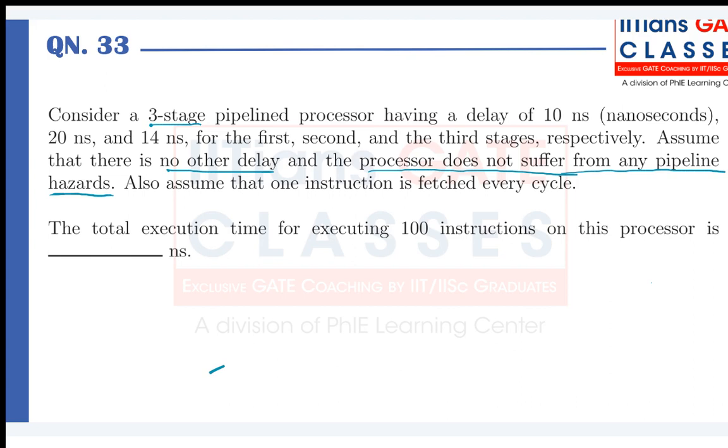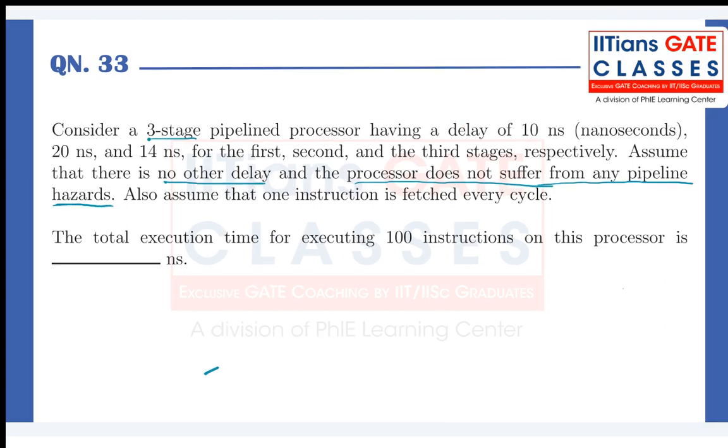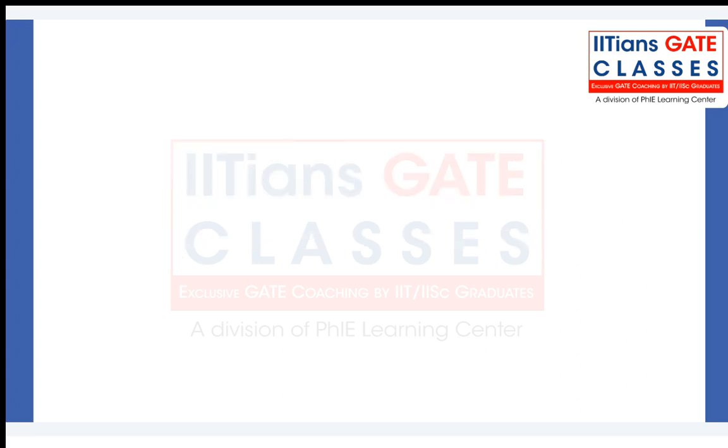That's the assumption. You have a 3-stage pipeline, and the delays of these individual stages are 10 nanoseconds, 20 nanoseconds, and 14 nanoseconds. So the time each stage takes is given. Before I go into this question, let's think of a simple example. All of you have seen a car manufacturing unit, right?